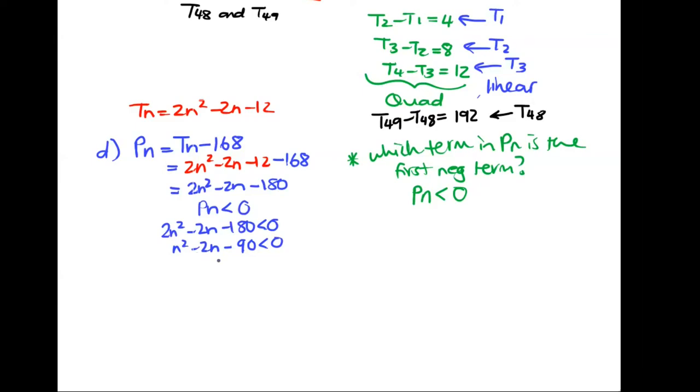And so the best thing to do is to then use the quadratic formula. However, the quadratic formula is when you solve a quadratic equation. So let's tell the marker, we're going to say n squared minus 2n minus 90. Let's make it equal to 0, because if it's equal to 0, we can use the quadratic formula.